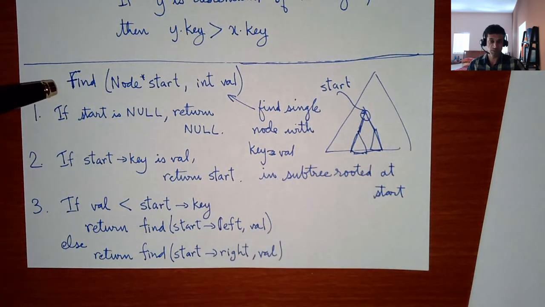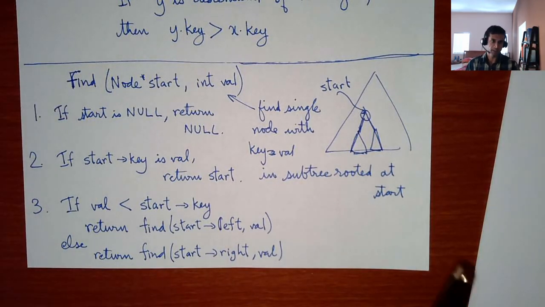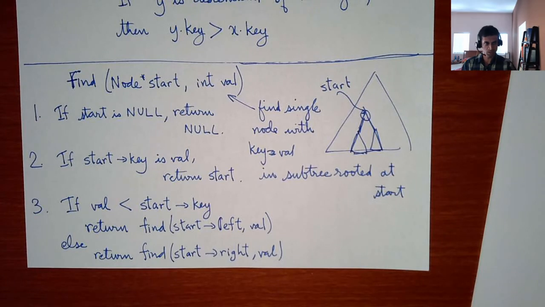So remember, this is the recursive function. You have to come up with the dummy function, which is again not hard, right? You simply call find starting at the head. But you're absolutely right, you would return the highest. Just like when you're doing find in a linked list, you return the first node that you see.